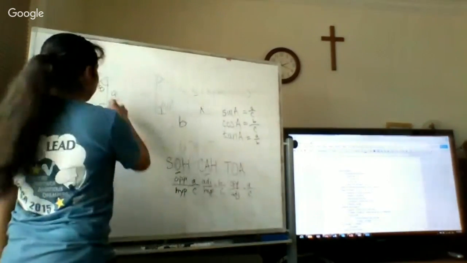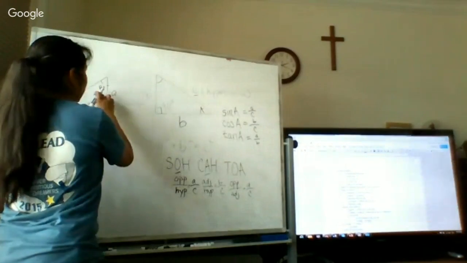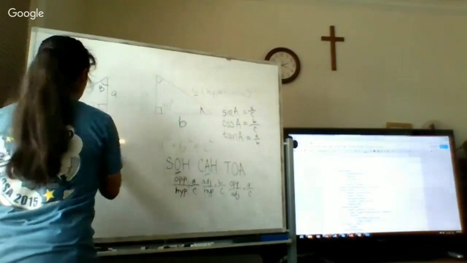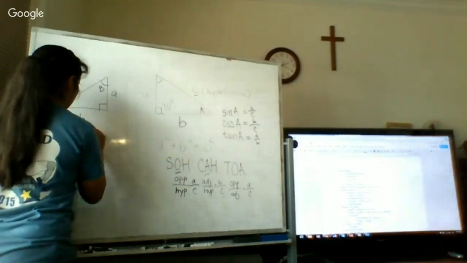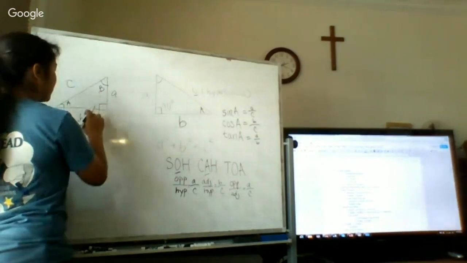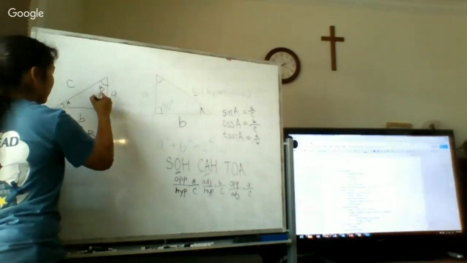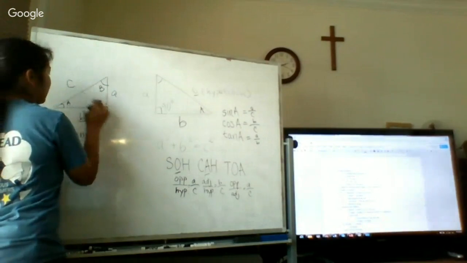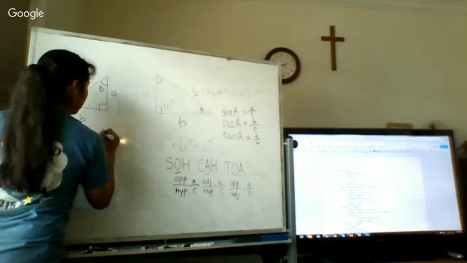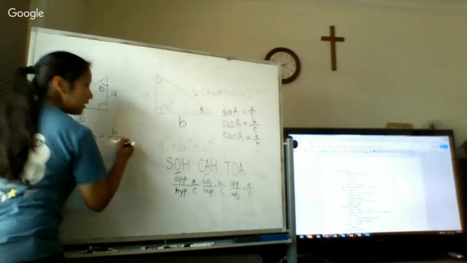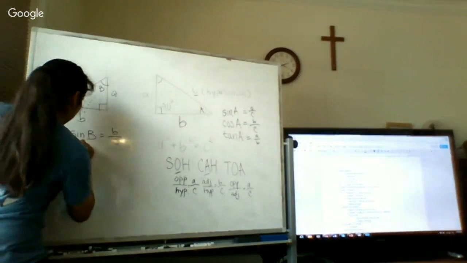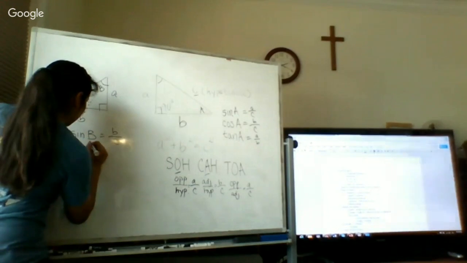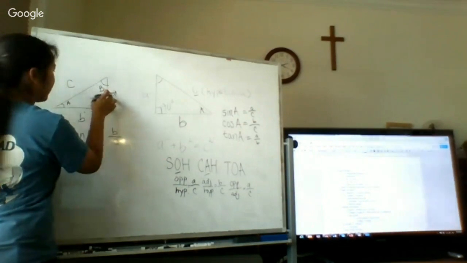If we wanted to use angle B instead of angle A, and we wrote sine B, the opposite of B would lead you to this one, and the hypotenuse still remains C because it's across from the 90 degree. So in this case, you have B over C. And then for cosine, your adjacent would be the other one.